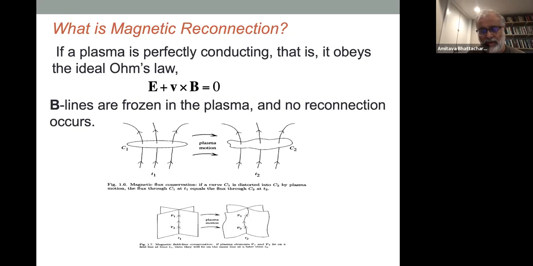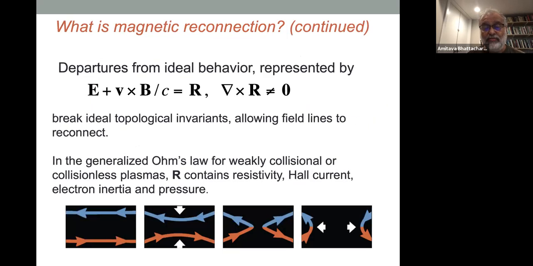It is possible to get fast reconnection through a number of mechanisms where I put on the right-hand side R, which can stand for resistivity or other collisionless mechanisms, which can give you reconnection rates of the order of 1/10 of the Alfvén speed due to a number of ways that you can get there. And so at least people know how to get fast reconnection.